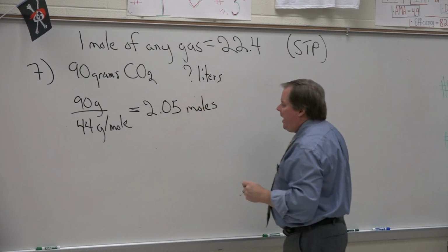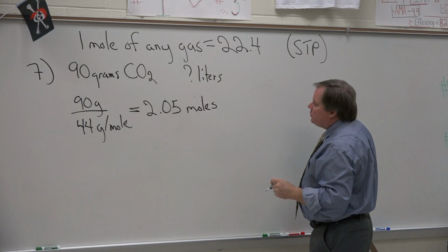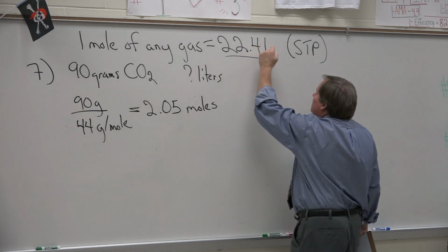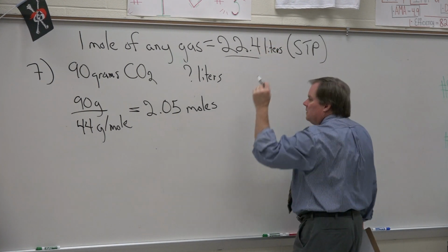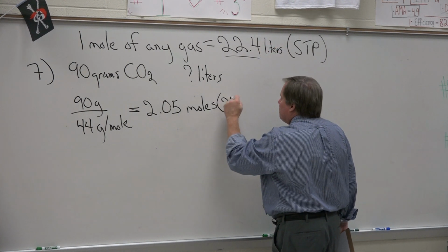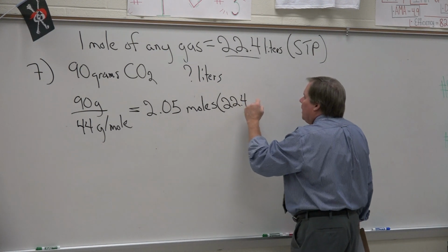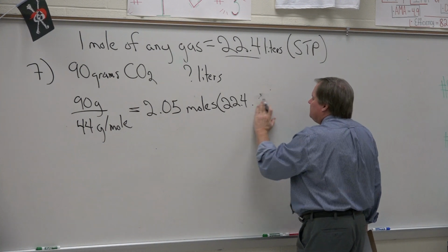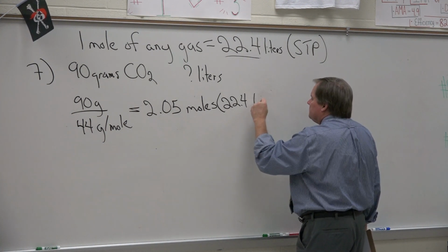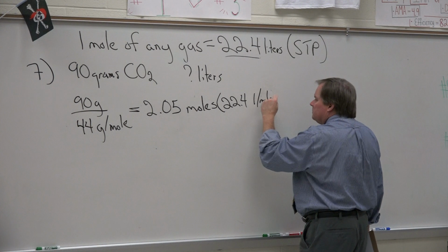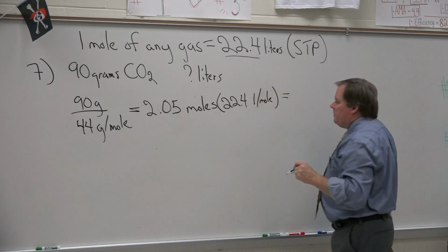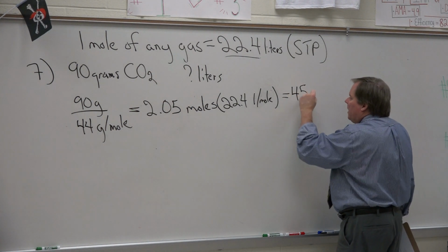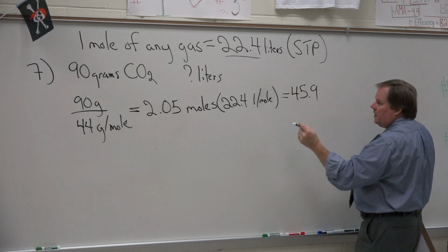That's how much we have in terms of that quantity. Now we need to convert to liters, so we multiply that by 22.4 liters per mole. What's that math work out to be? 45.92, go with 45.9.